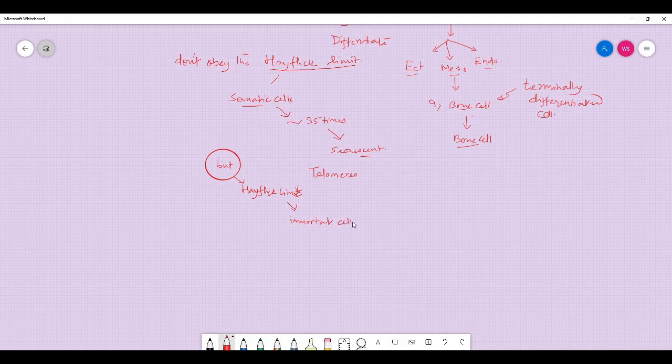They can continue to divide. Why? Because they have an enzyme called telomerase. If you have telomerase enzyme, as the telomere shortens during each division, the telomeres will be synthesized and the length of the telomere maintained.